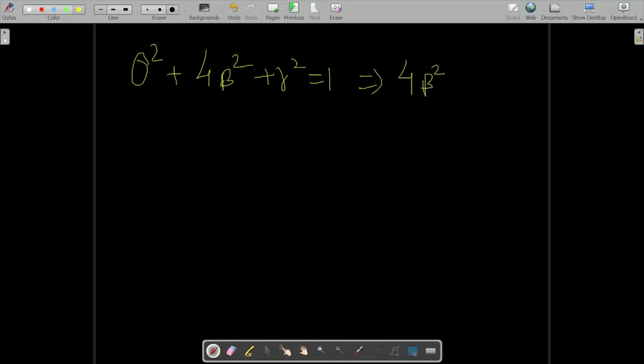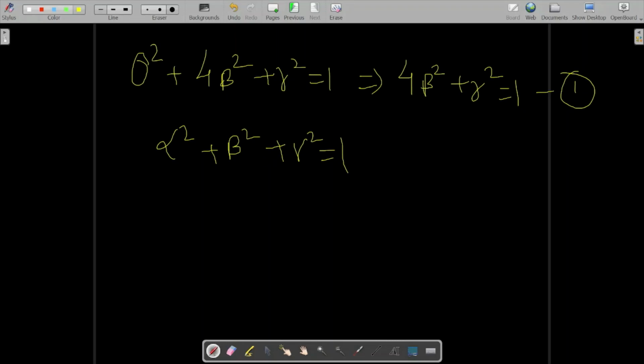As soon as I make the equations, I get some equations of this kind: 0 square plus 4 beta square plus gamma square is equal to 1. You have to do it yourself, you will understand it yourself. This is the easiest part. So this is equation number 1. Similarly, if I take the second row, then this will be the equation, so this is your equation number 2.